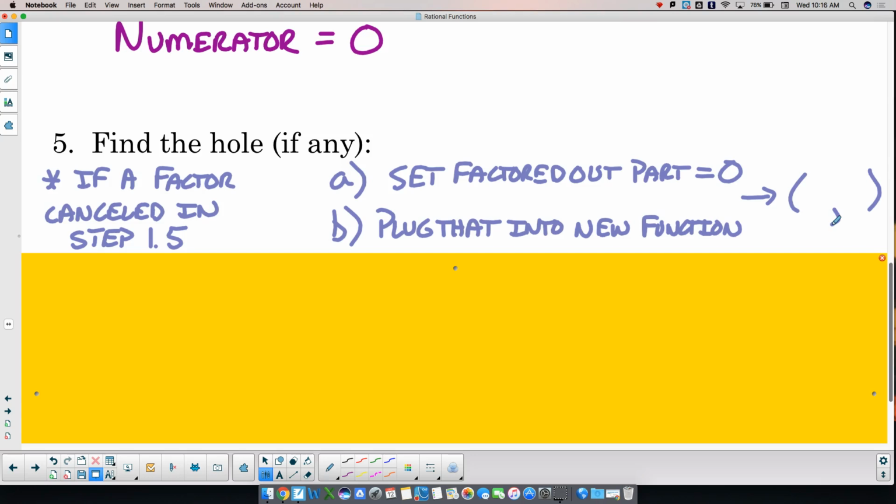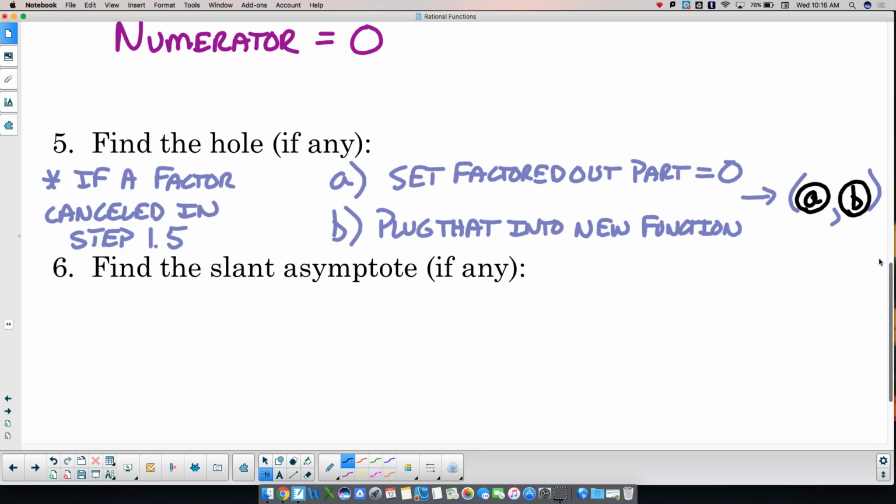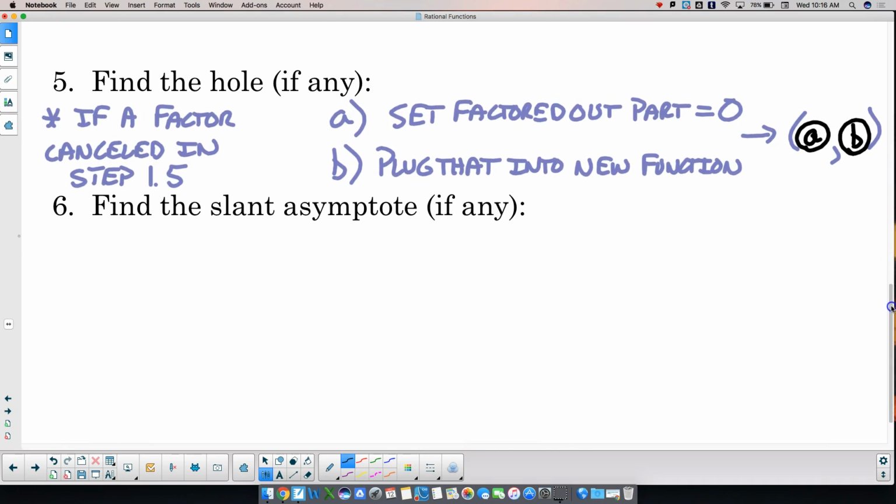It's part A of that step, right? The Y part. It's part B. The reason that we do part A and part B of step 5 is because that's what produces my hole. Okay? All right? So that's the hole. Step 6. Slant asymptote, right? Okay. How do I go about finding the slant asymptote?